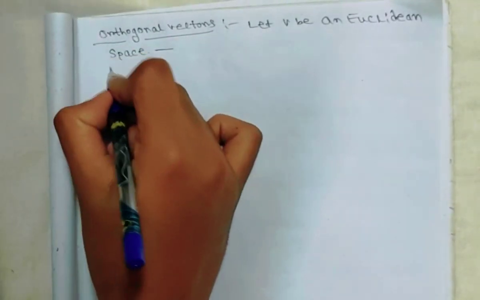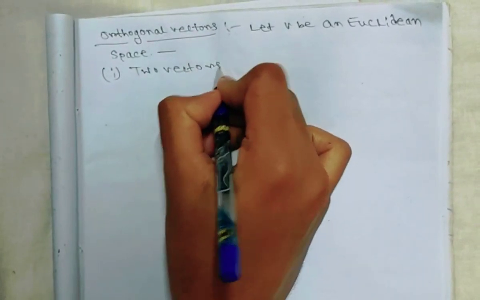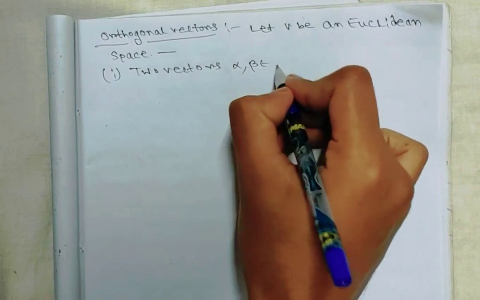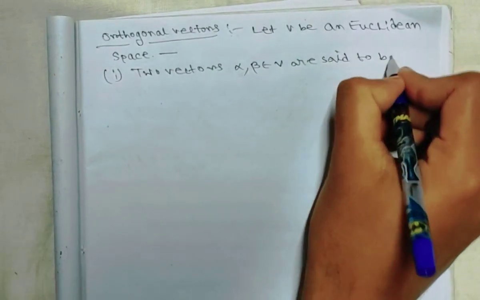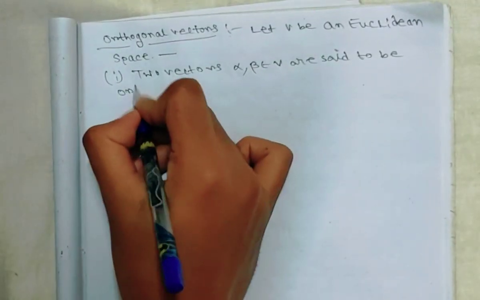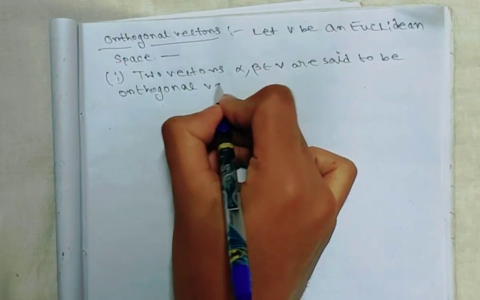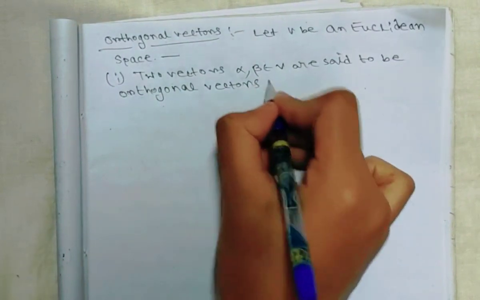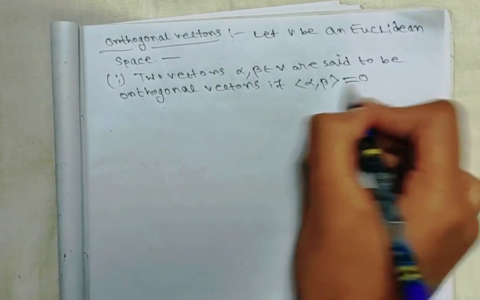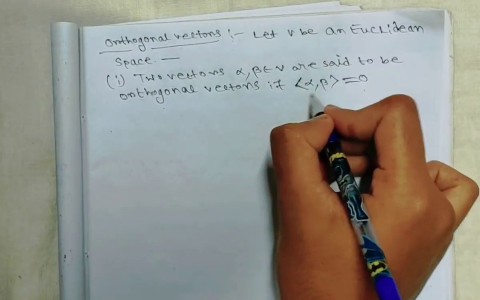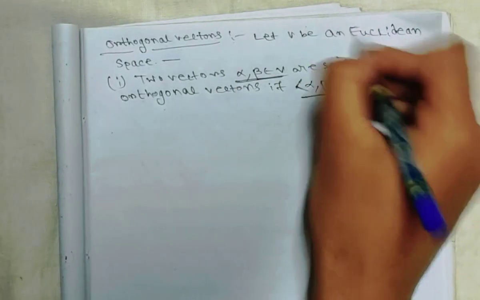Then, number one, two vectors alpha and beta belonging to V are said to be orthogonal vectors if the inner product of alpha, beta equals 0. Orthogonal হলে কি inner product of alpha beta equals to 0 if alpha beta belongs to Euclidean space V.